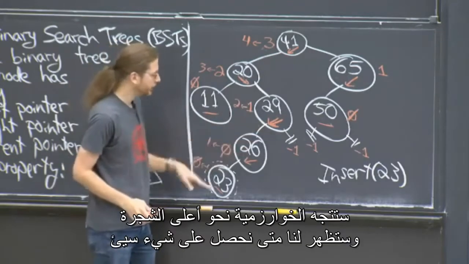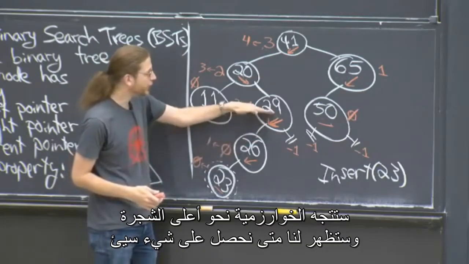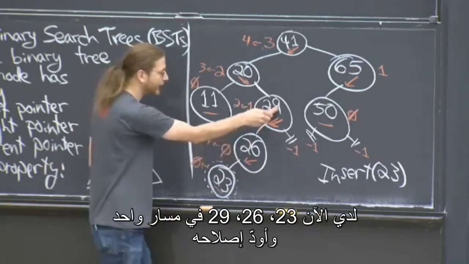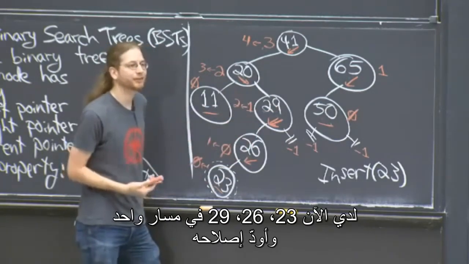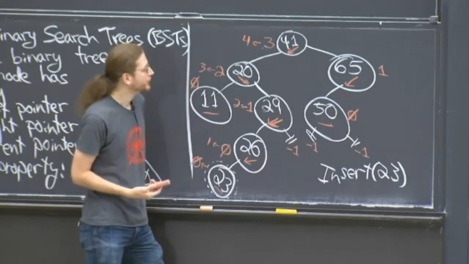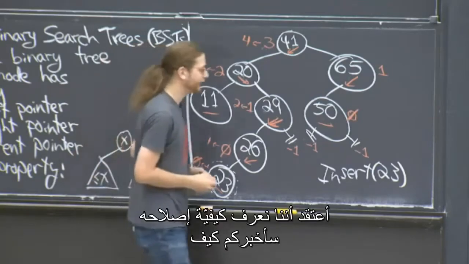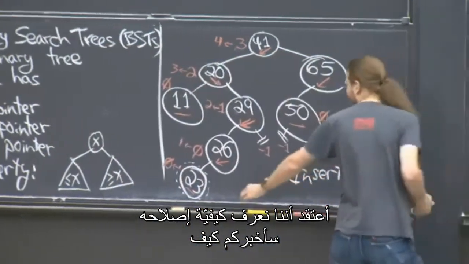Let's not worry about above that. The algorithm is going to walk up the tree and say, when do I get something bad? So now I have 23, 26, 29 in a path. I'd like to fix it. How to fix it? I don't think we know how to fix it, so I will tell you how.